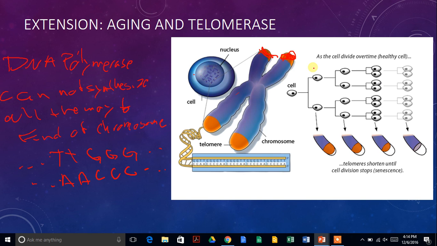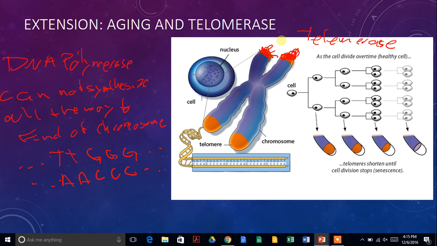However, there's a limit. So, in your gametes, an enzyme called telomerase replenishes or resynthesizes telomeres in your gametes, so that every time you make new gametes, they're not losing DNA that might cause mutations in offspring.